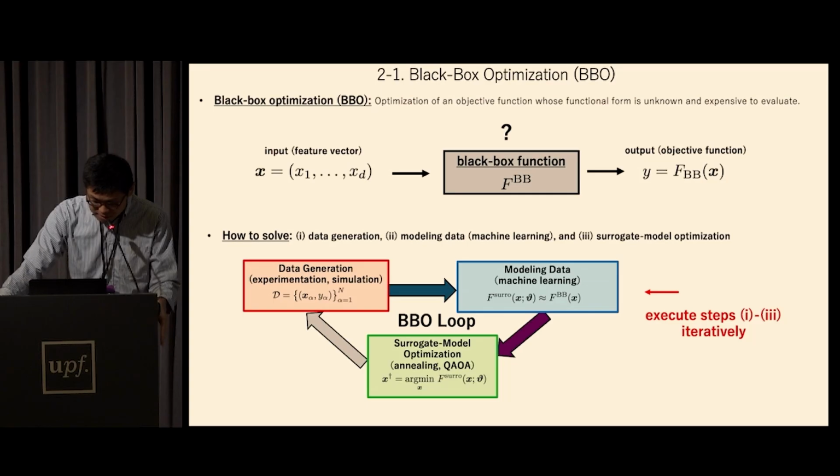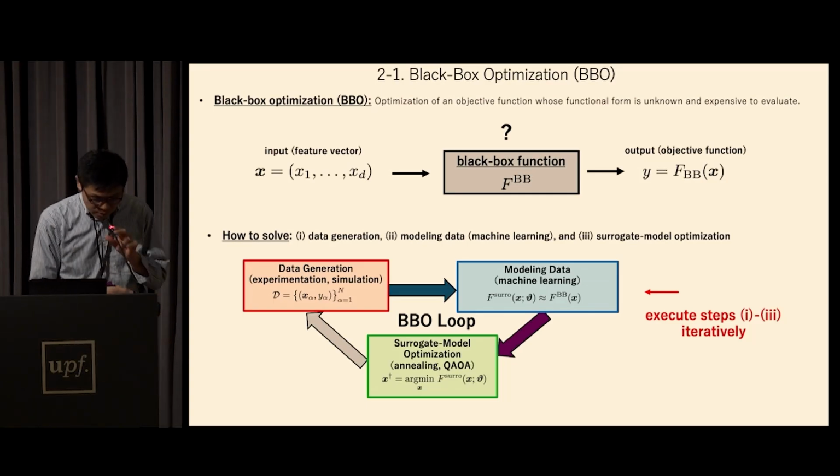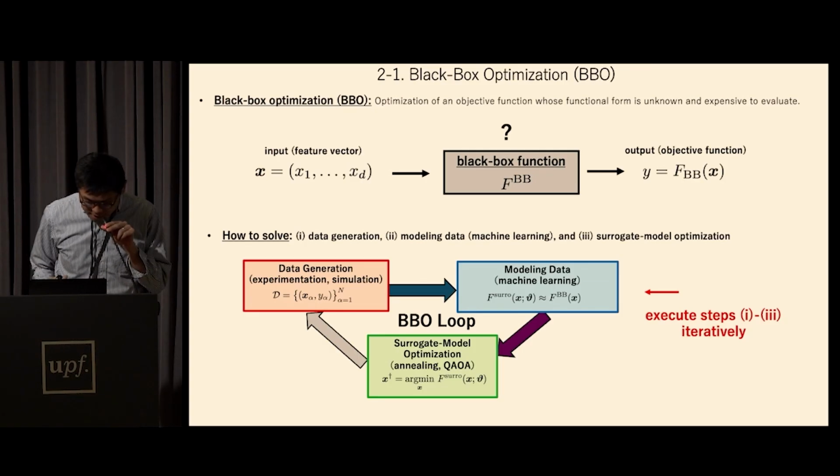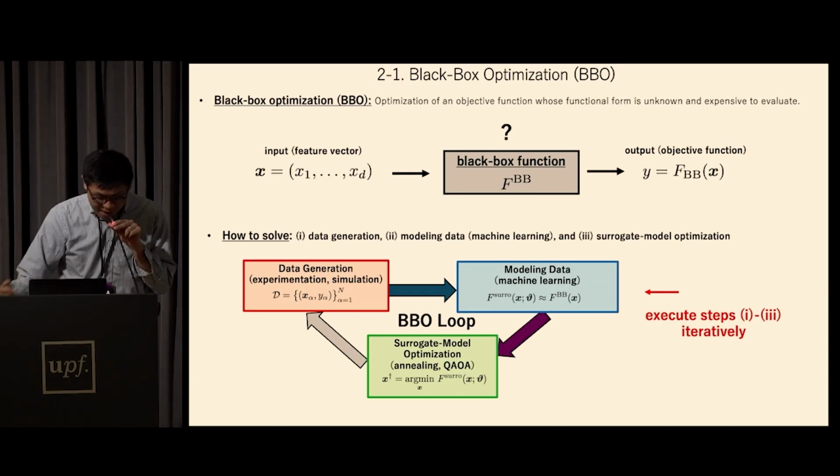And once this surrogate model has been constructed, we are going to run an optimizer and find the optimal solution to this surrogate model. So I'm going to denote this by X dagger. And once we find this X dagger, we're going to add X dagger and the corresponding objective function value to the data set at hand.